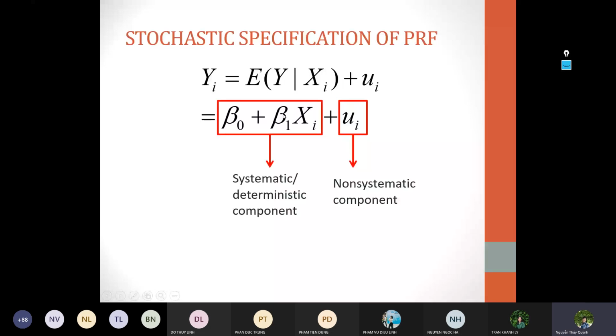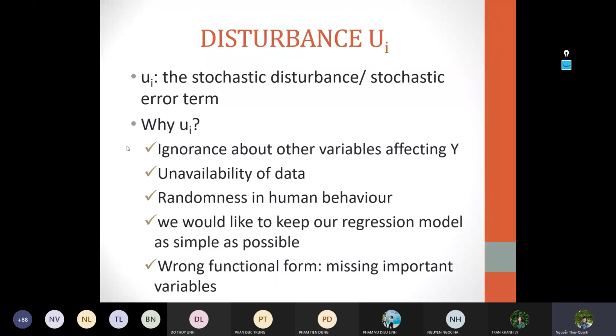So why do we have the disturbance u_i in the model? Sometimes we call it the error term. As we say, it represents other factors that affect the value of the dependent variable. So why don't we bring all the other factors that affect the dependent variable into the model? There are plenty of reasons.